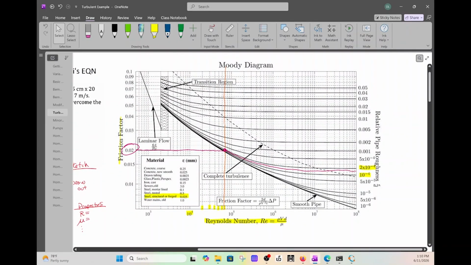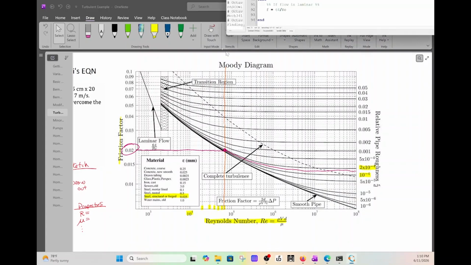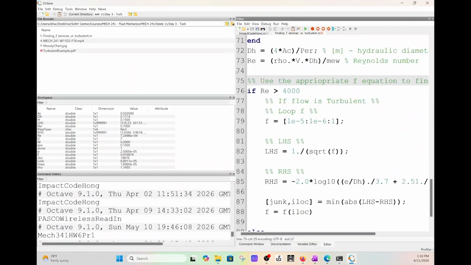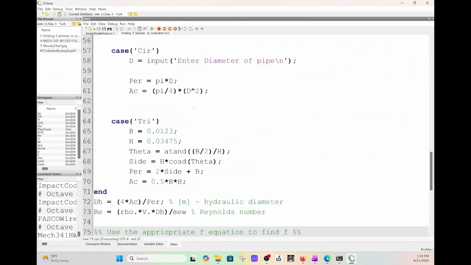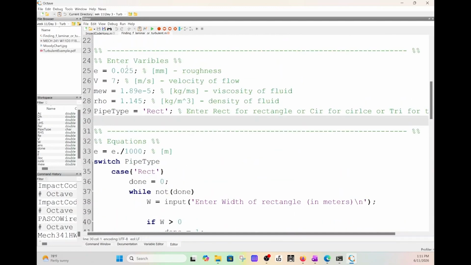Now, I've also included in Brightspace an Octave or MATLAB code where you can actually run the code. You have to enter variables. So you can stop the video lecture here if you are not sure how to program or use Octave or MATLAB. Just go ahead and use the Moody chart.